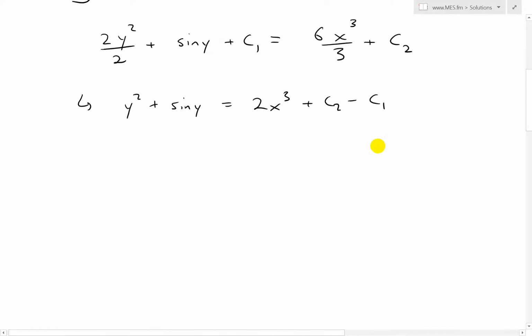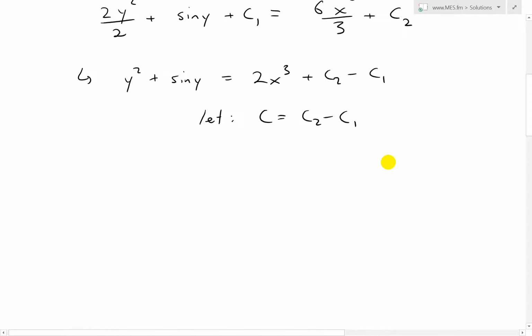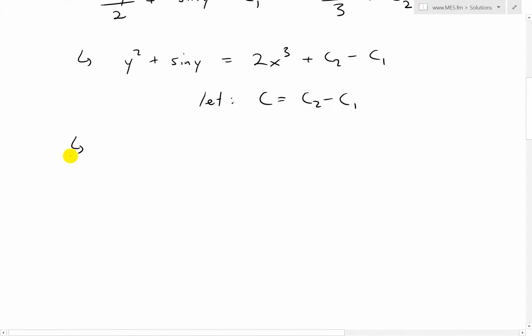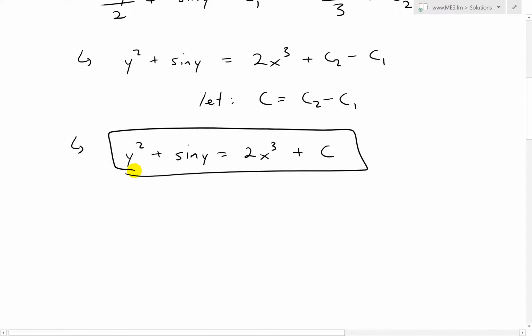These are just arbitrary constants, so we can let c equal c2 minus c1, so that the subtraction of the two arbitrary constants is just another constant. We call that c. We can't actually write an explicit solution, so the furthest we can get is y squared plus sine y equals 2x cubed plus a constant c.